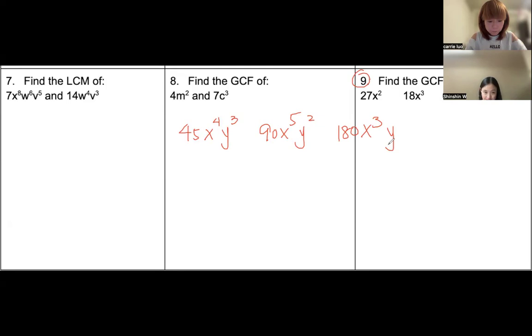GCF and the lowest common multiple, both.